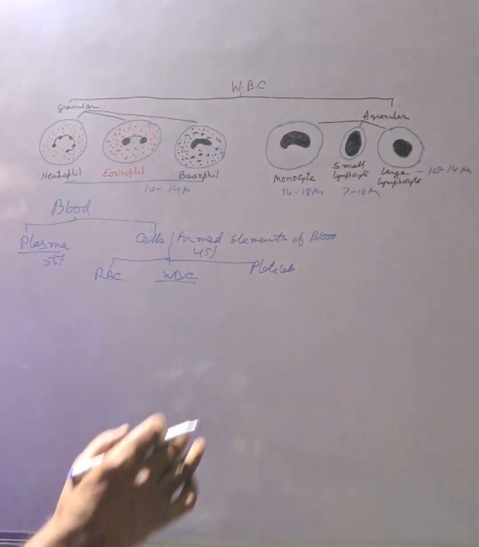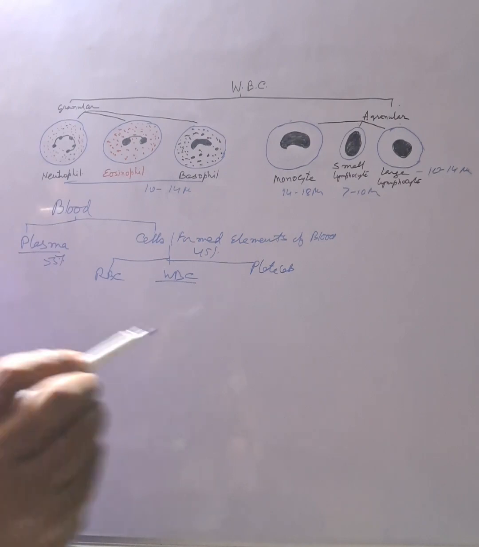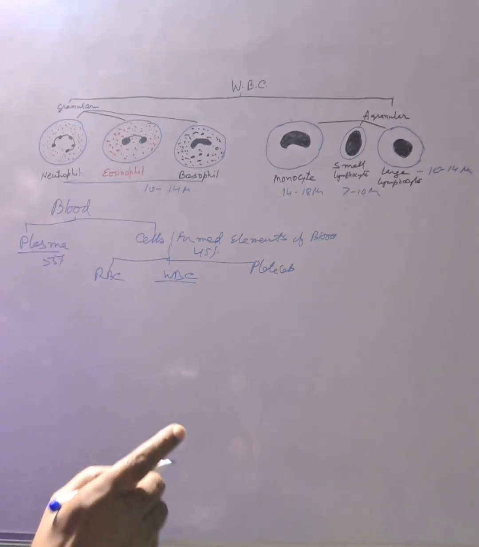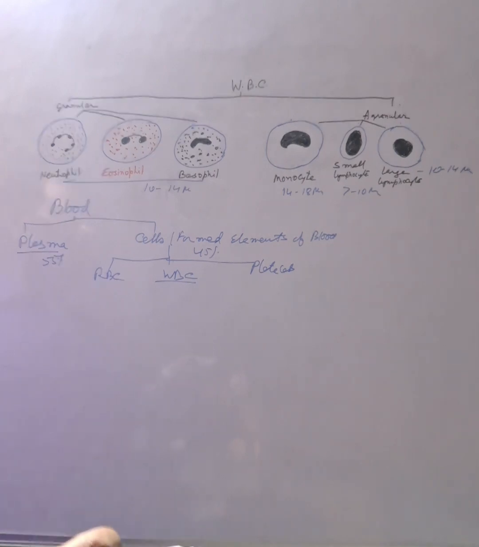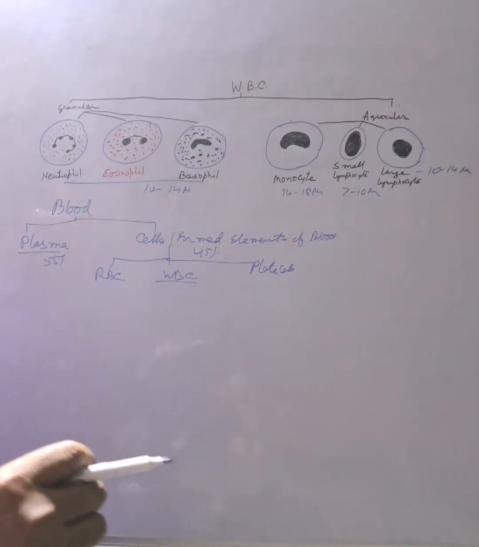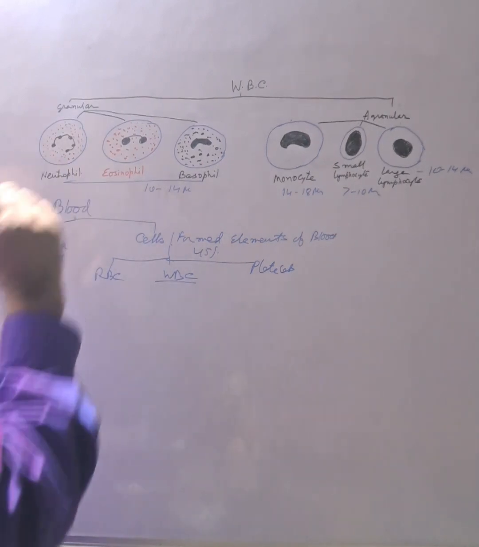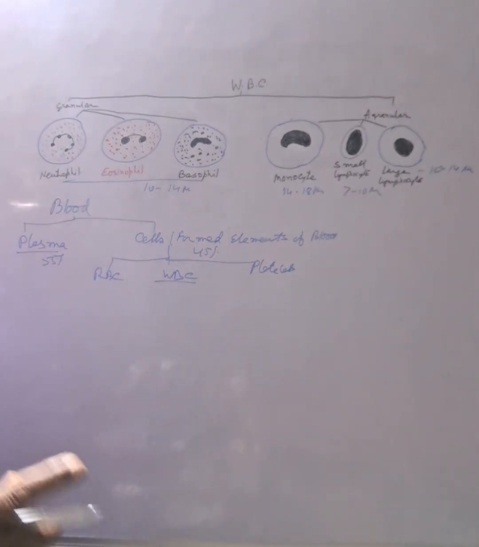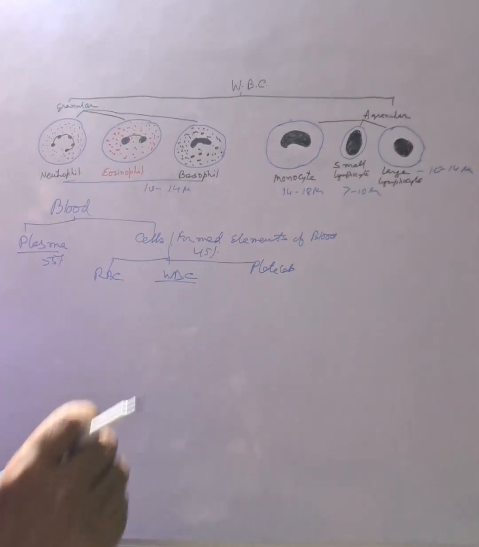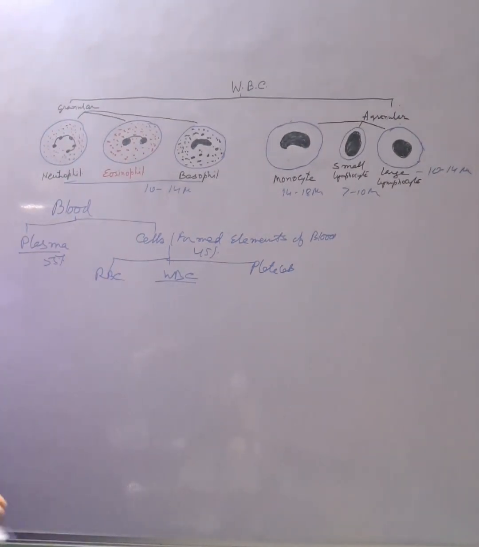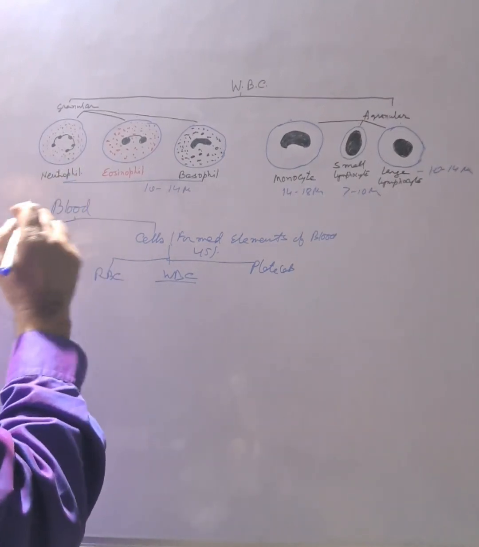The cytoplasm of neutrophil contains fine granules, acidophilic granules and basophilic granules. Acidophilic granules take eosinic stain and become red. Basophilic granules stain with basic dyes, and their color is blue.